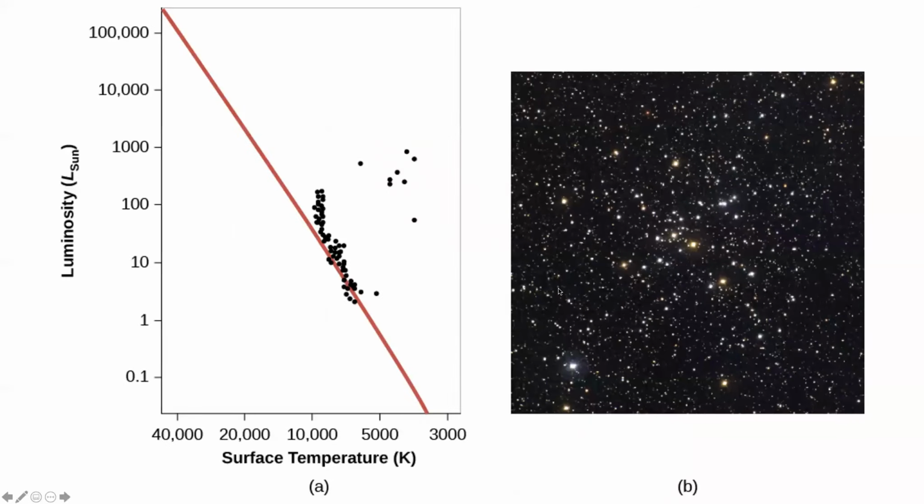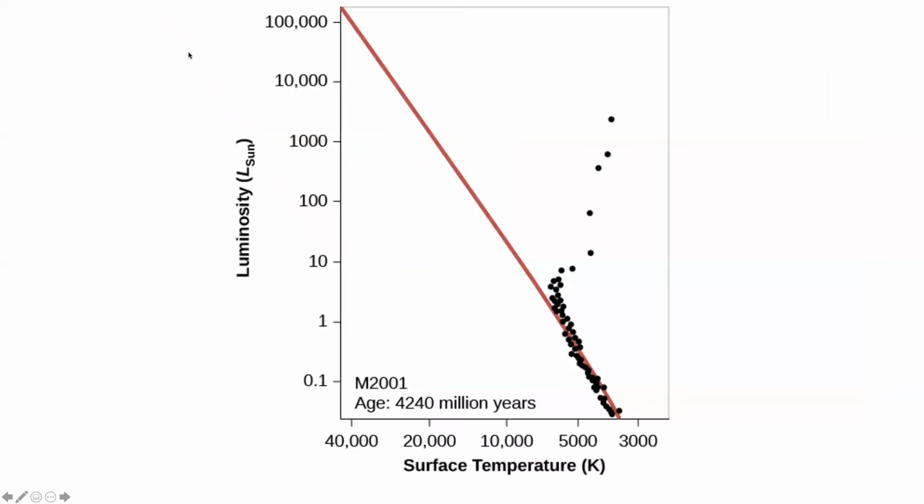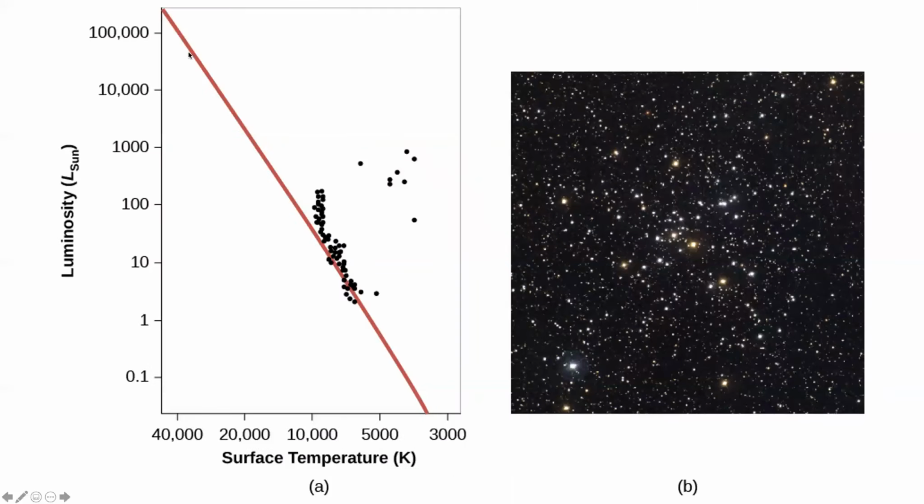So here we've got an open cluster that has evolved for a while. What happens is that the stars that are farther up on the main sequence, which are the heavier stars, the brighter stars, the bluer stars, are going to evolve off the main sequence faster.